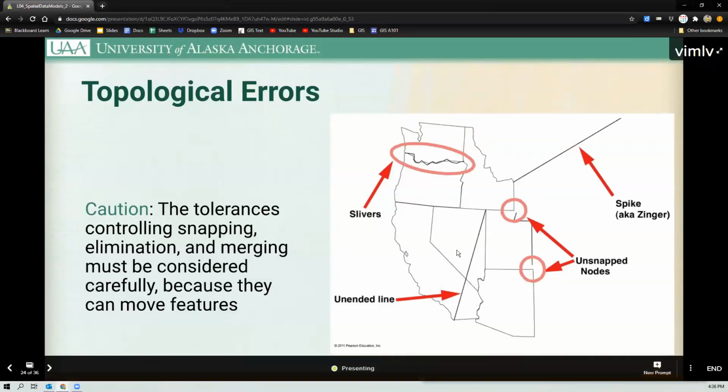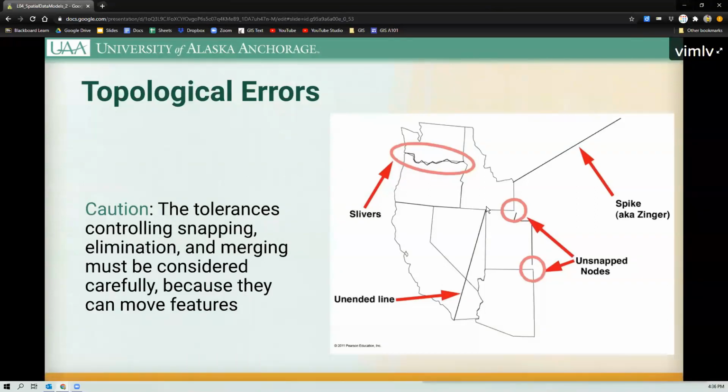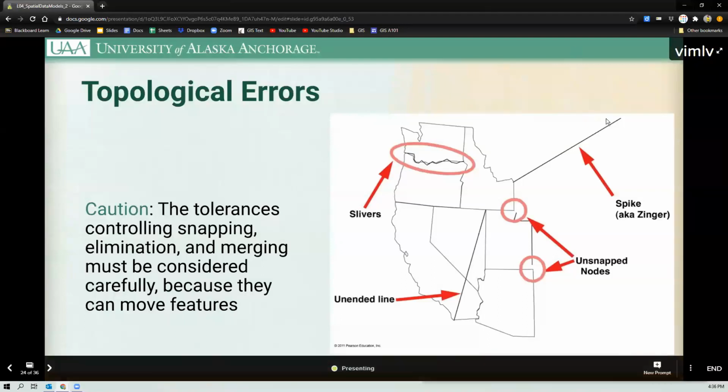And then between features, it previously was not that uncommon to try to start on your next feature in your shapefile and have some connection remaining because you didn't actually pause. And that's the unended line here. And then there's everybody's favorite, the spike.